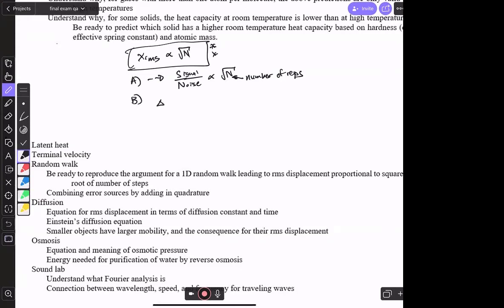And that when you're adding errors, the total error is equal to the square root of the individual error sources added in quadrature, meaning you square each error source, add them together and take the square root. So individual error, average value. And this is average value of the total error.